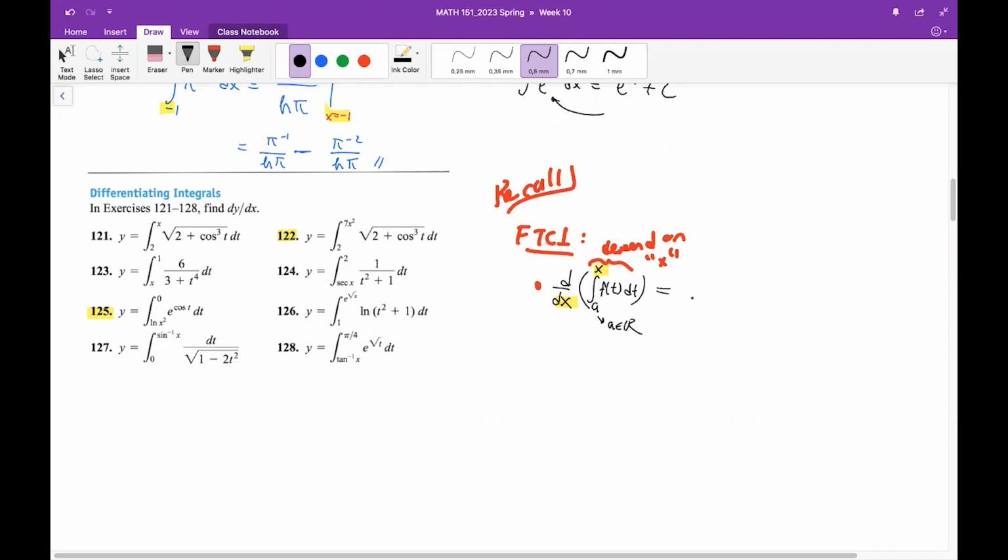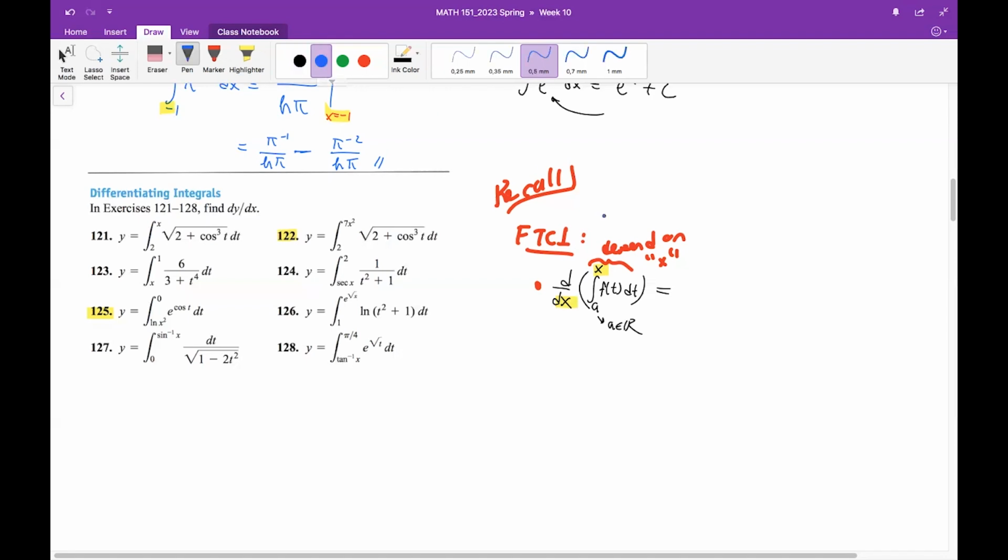How do you feel? Integration and derivation are inverse operations, so they can neutralize each other. But how do you feel about the result? If you neutralize integral and derivation, what is left? What remains here? Just a function. Yes, exactly.